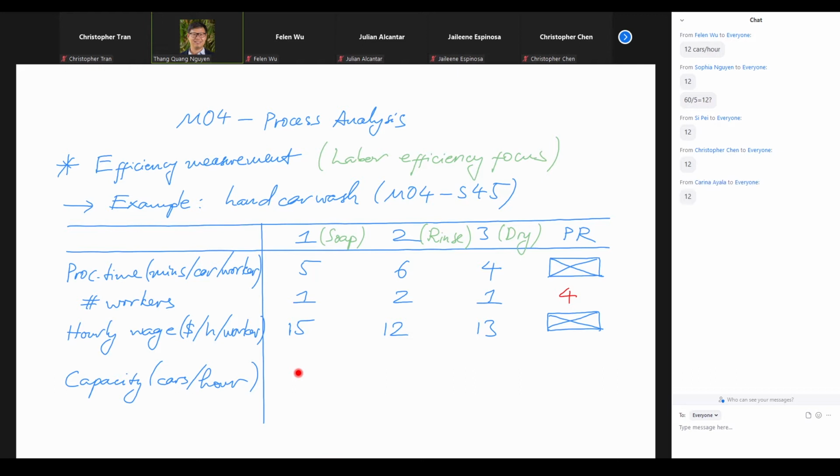Christopher also has the same thing. Good. Karina, the same answer. Solin, Jose. Good. So we all agree. That's a very good thing, right?